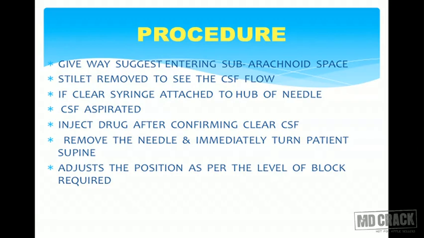Now attach a clear syringe to the hub of the needle and aspirate CSF. While aspirating CSF, again check if there is free flow of CSF. CSF should not be blood tinged, or if at all it is blood tinged, check whether it gradually clears off.